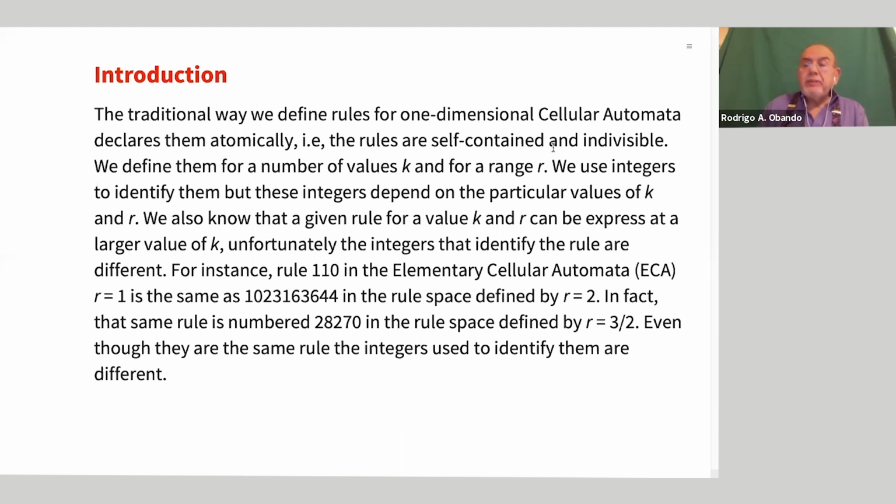So even though they are really representing the same rule, the integers used to identify them are different. So you see one, but you cannot really see, oh, that's rule 110. That's a big number. It's in another space.